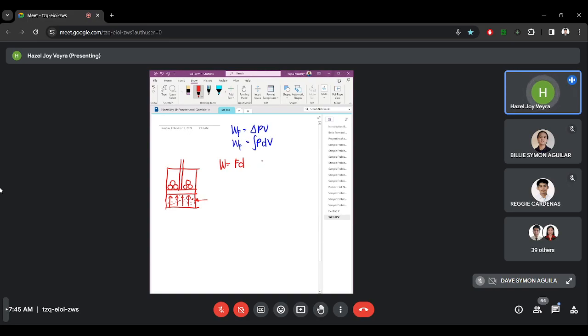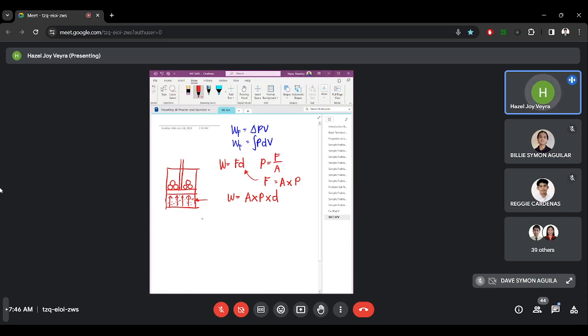And force, talking about pressure, is force over area, right? So we can get the value of the force by multiplying the area by the pressure. And substituting it here, we can say that the work is the area of the surface wherein the force is being applied, times the pressure, times the distance.